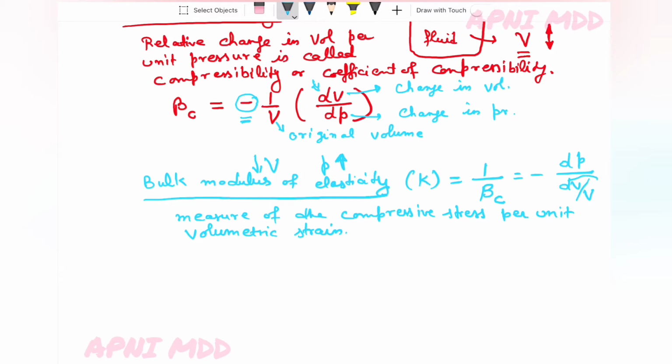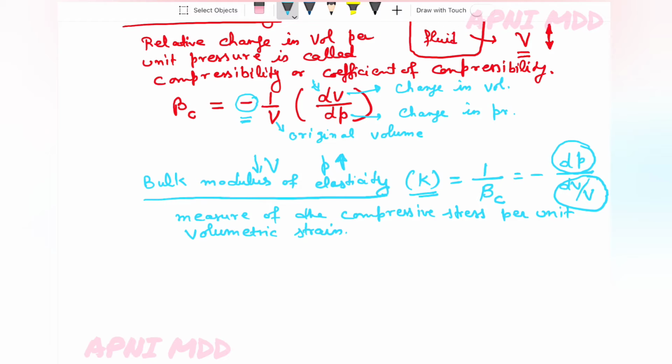So this term represents the volumetric strain, and the upper term is the compressive stress. So this ratio gives you another term that is K, and this K is bulk modulus of elasticity. Okay.